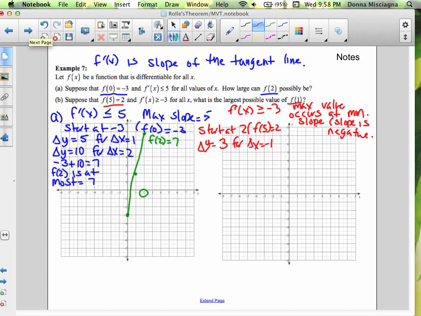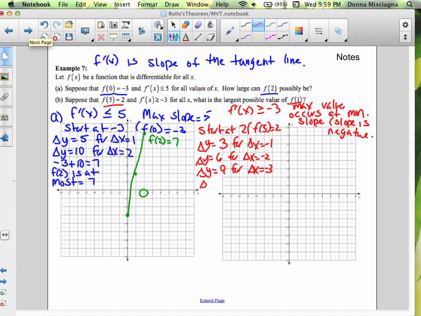Because we're going from a greater x value to a smaller x value. Change in y would be 6 for a change in x equaling negative 2. Change in y equals 9 for a change in x equaling negative 3. And we're going from 5 to 1.